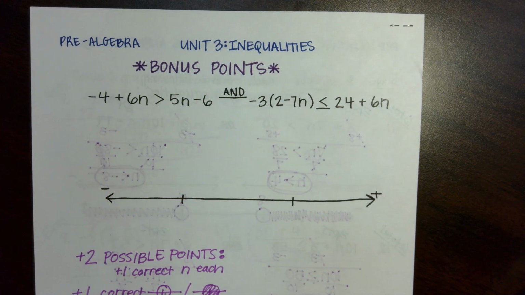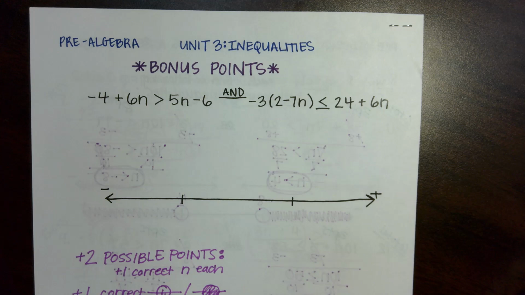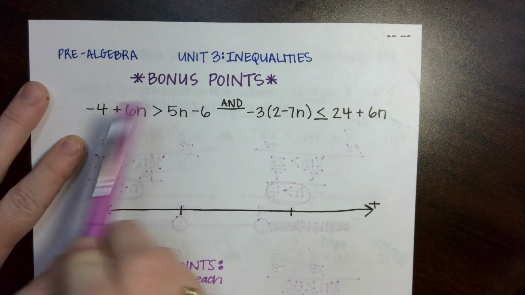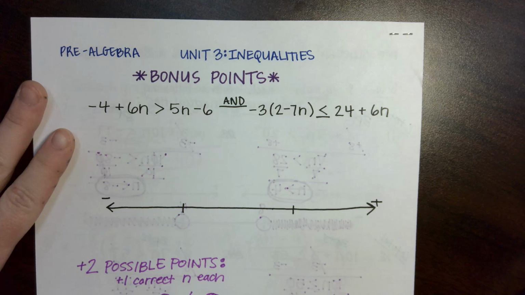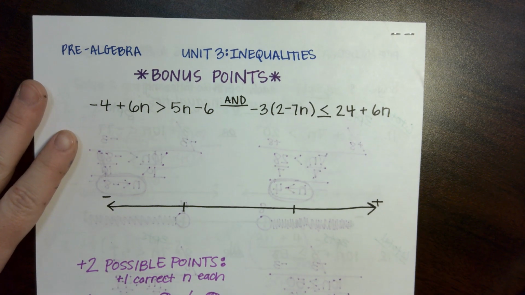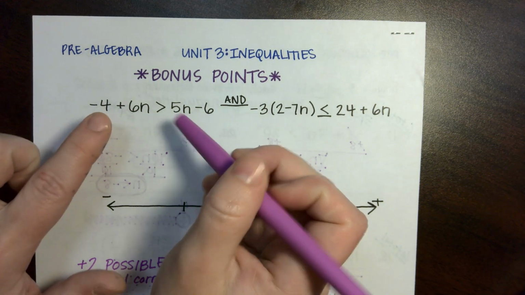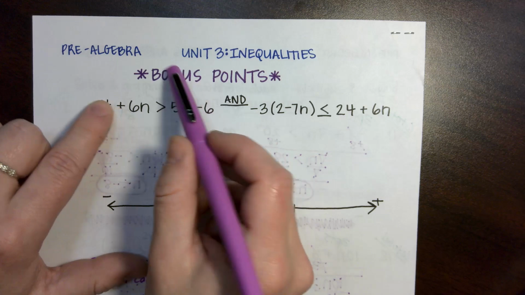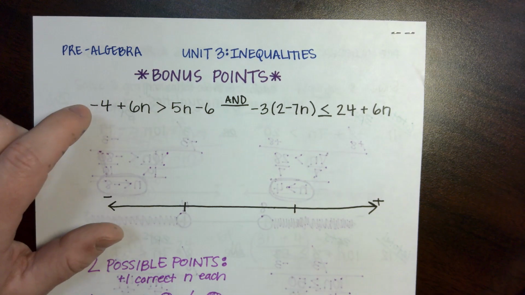This is a tricky one. We've got variables on both sides, guys. Woo! Those are fun. Okay, so let's think way back to combining like terms. We are always trying to get our n's on one side of the equation.